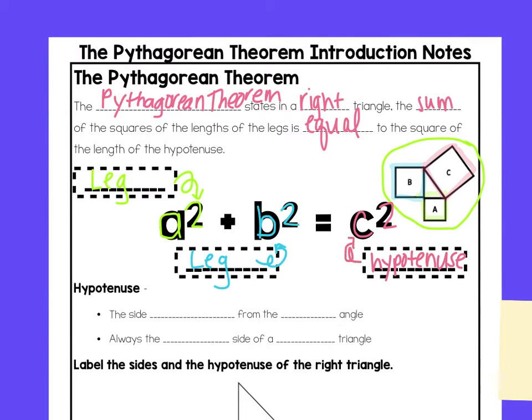So the side across from the right angle is always the hypotenuse. And it's always the longest side of a right triangle specifically.